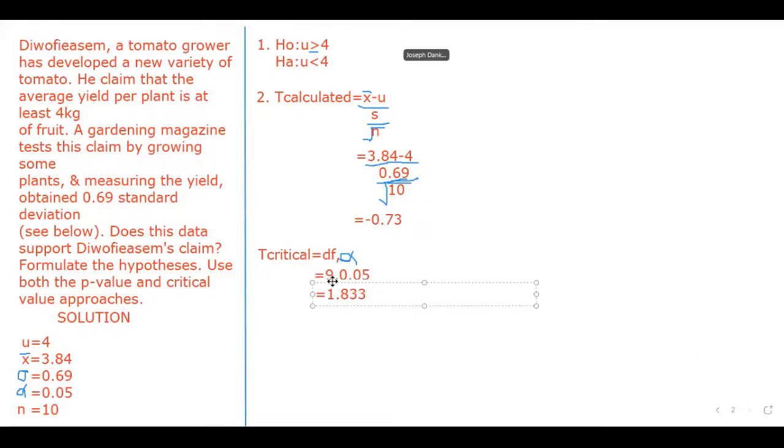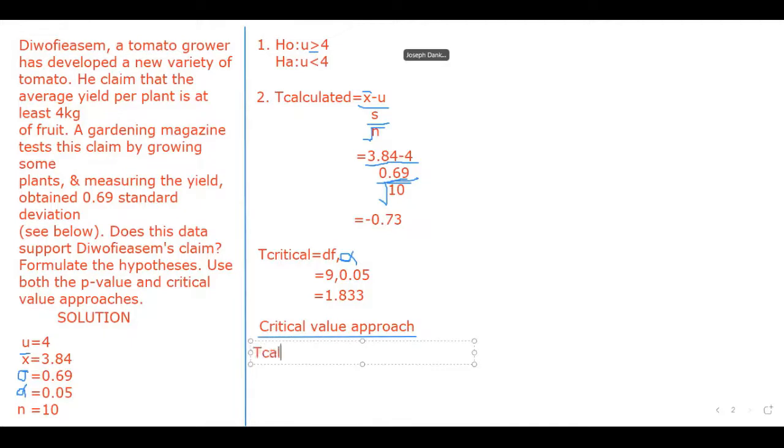Now with the T calculated, we can use both the critical value and the p-value approach, same as the first one. Let's start with the critical value. With this one, we compare T calculated and our T critical.